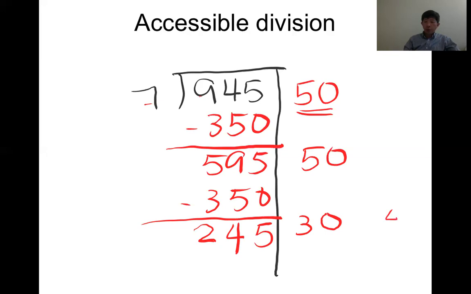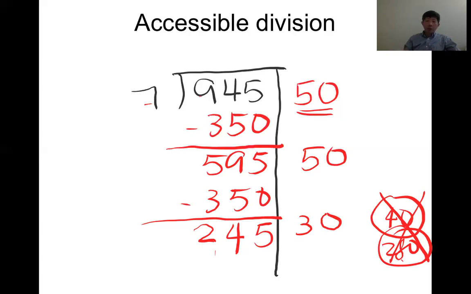Can I do 40? No, because 40 times 7 is 280, right? Now 280 is more than 245, so we cannot fill in 40. The only number I can fill in is 30 or less, right? So 7 times 30 is 210, right?